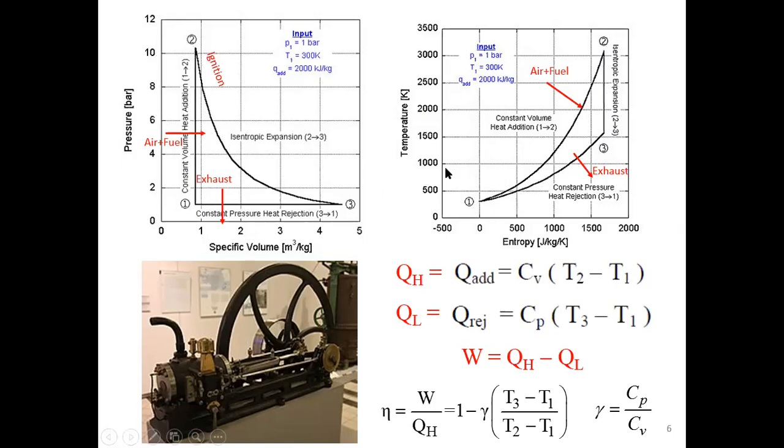How about the TS diagram here? The enclosed area represents the net amount of heat in the cycle, right? By the first law of thermodynamics for the cycle, if everyone still remembers, the net amount of work equals the net amount of heat.